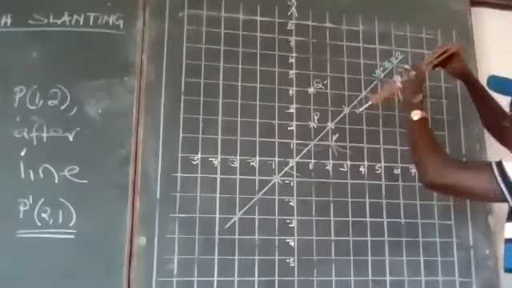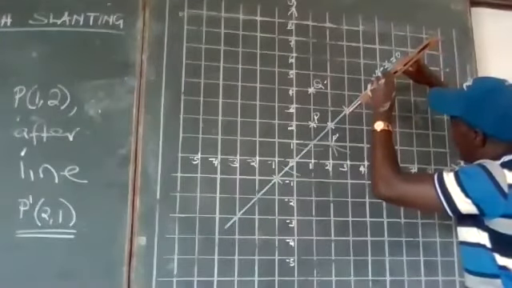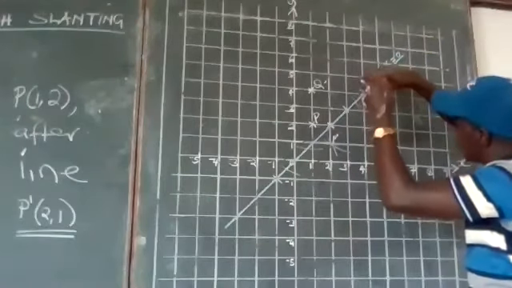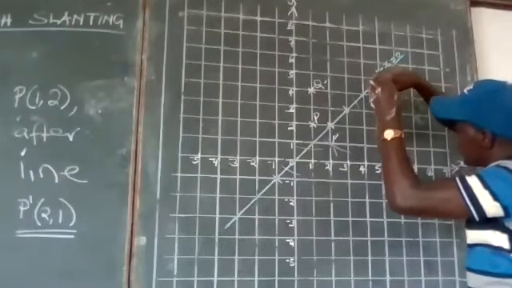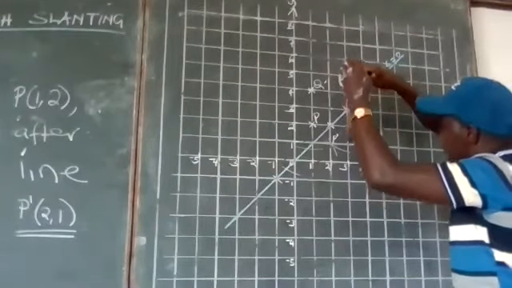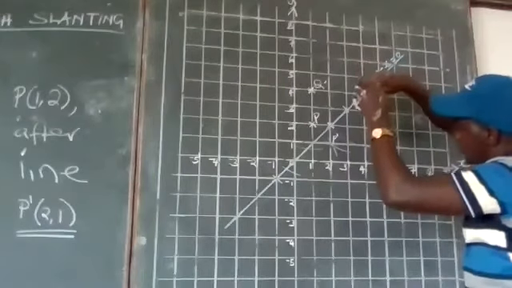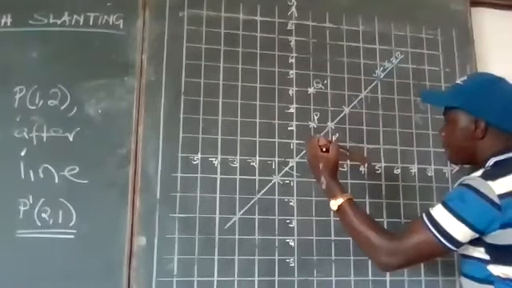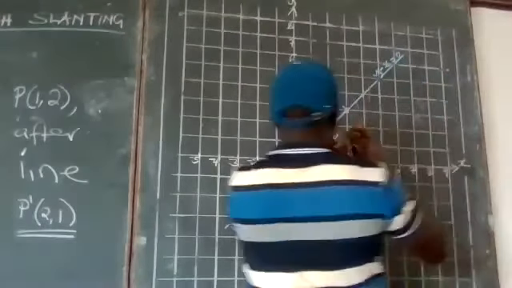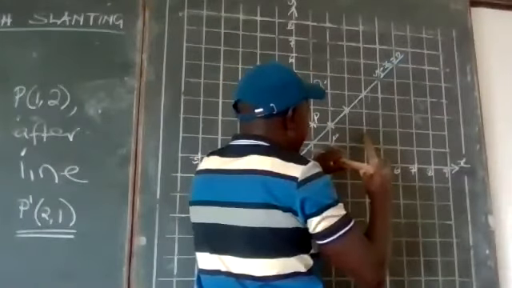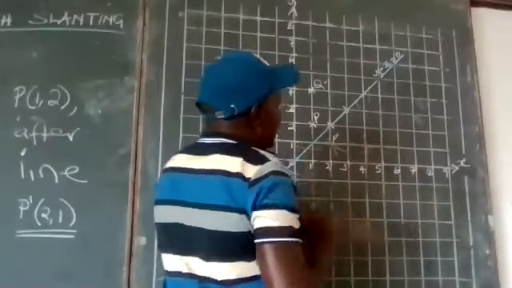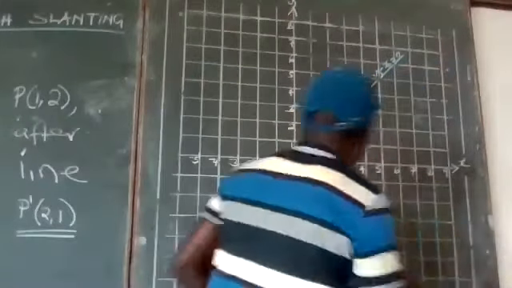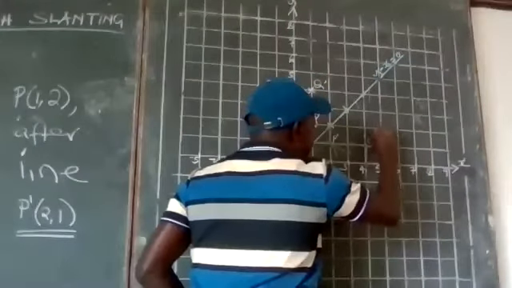I stand here and I cut. And then I stand here and do the second cutting. So my two arcs are meeting here. This is where the Q complement is.